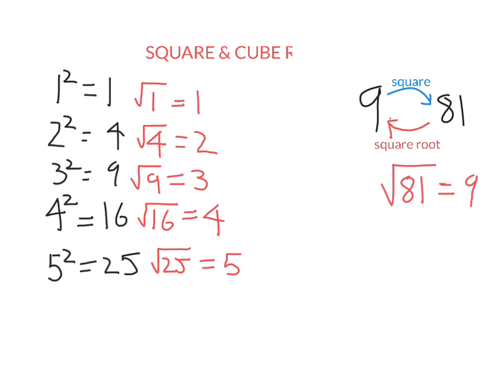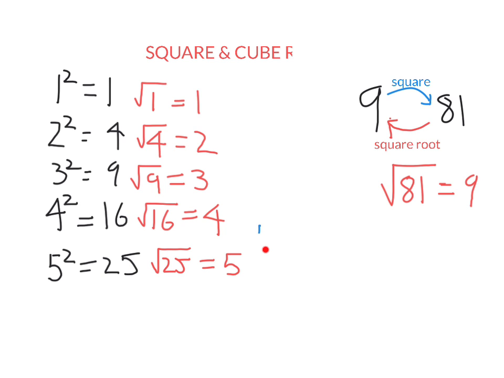Now, in all of these examples, the answer we got was a whole number, but that's not always the case. So let's say, for example, I wanted to calculate the square root of 20. The problem is 20 is not a perfect square. So the square root of 20 is actually not a whole number. But what I know is that 20 is between 25 and 16.